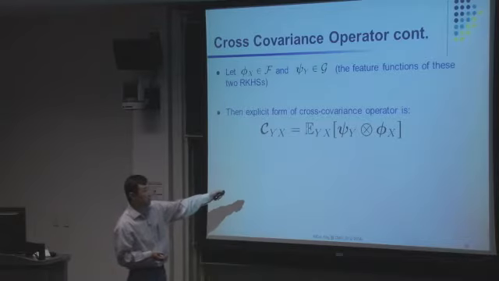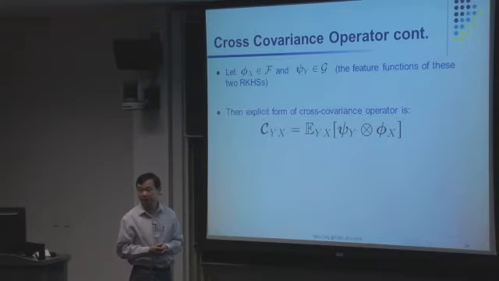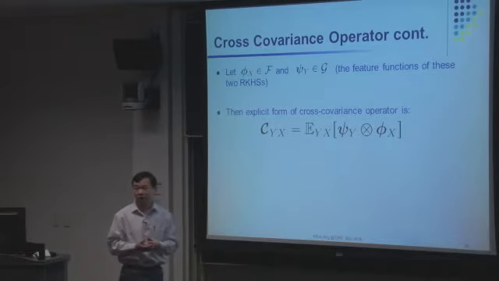It is defined on the expectation of the outer product between two functions, two feature functions. One is anchored on y. The other is anchored on x. These are the two functions. Okay, and what is the outer product between two functions?